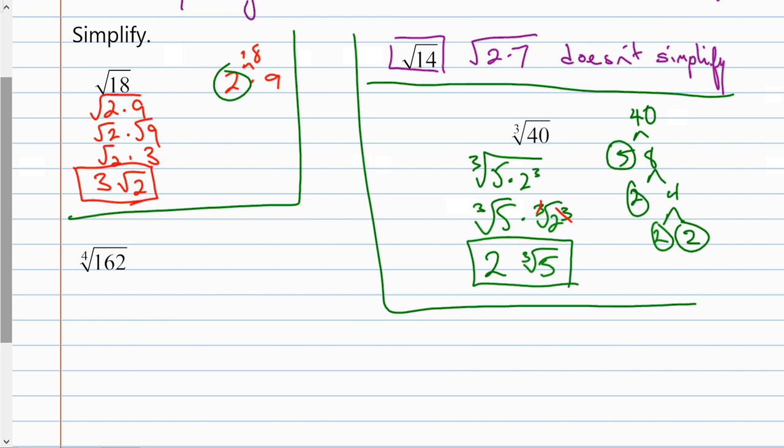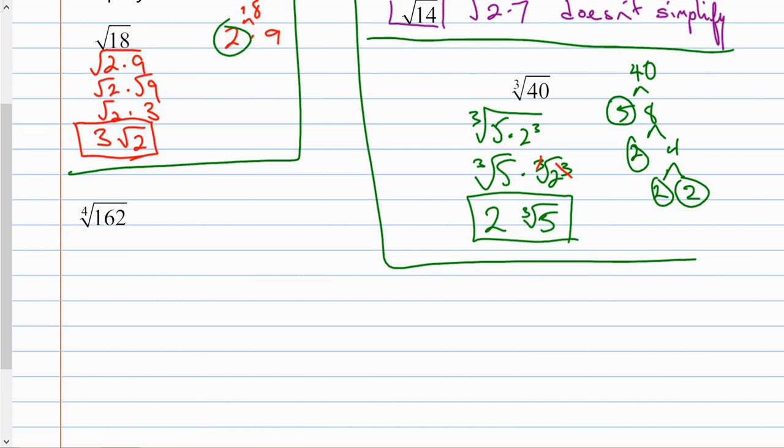Try to be organized in your homework if at all possible. I can't figure out a good way to organize these slides yet, so I apologize. Again, I don't know off the top of my head what the fourth root of 162 is. I don't even know off the top of my head if there are any perfect fourths inside of that. So I'm going to again use a factor tree.